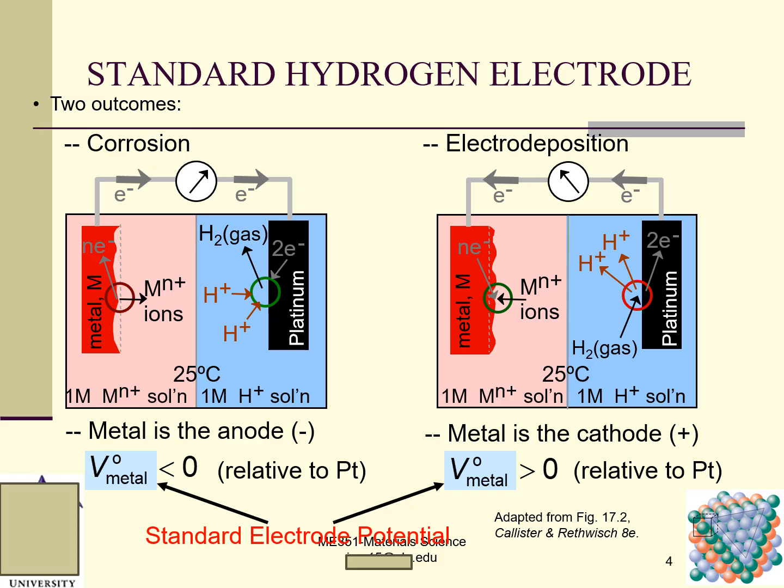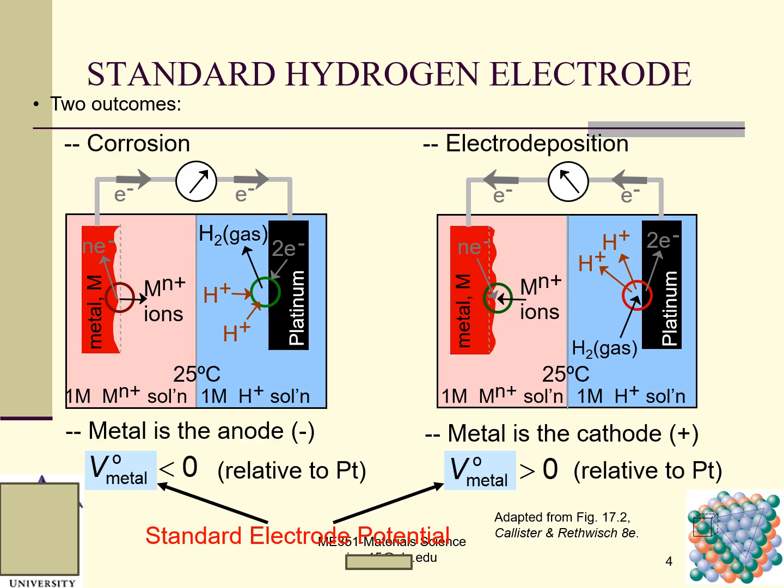You can see we have more and more deposition on the surface. This is an irregular surface because the deposition is kind of random, right? That's the reason we have an irregular surface from the deposition. You can see these two case scenarios when we compare the standard electrode potential.